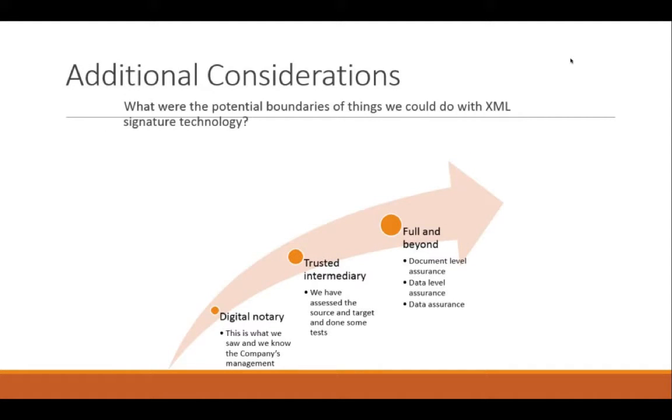There are also additional considerations regarding the assurance on XBRL. For example, whether we need to put a digital notary on the XBRL document, or whether we need to ask a trusted third party to provide authentication of the XBRL document, or at which level we should provide the assurance: the statement level, the report level, the data level, or the more detailed disaggregated data level.